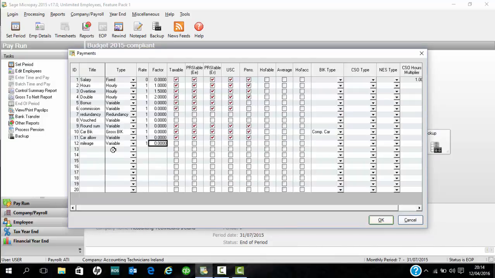With regards to civil service, if you follow the scheme, it's tax free. If it's not following the scheme, then you're going to have to click all the boxes and make it taxable. Okay, right. Anything other payments now, go through that way.